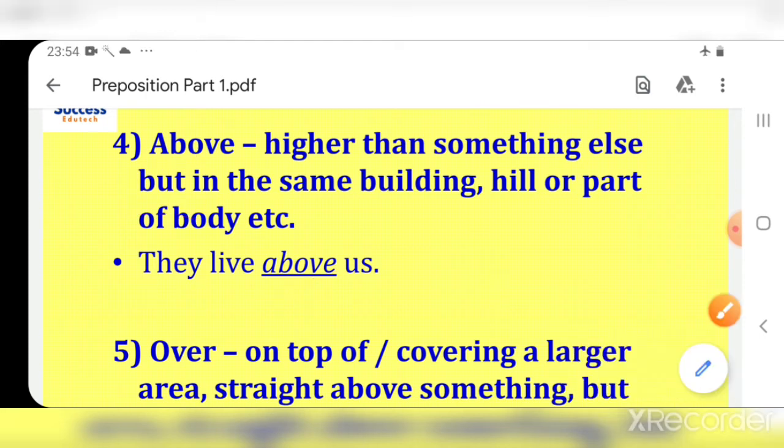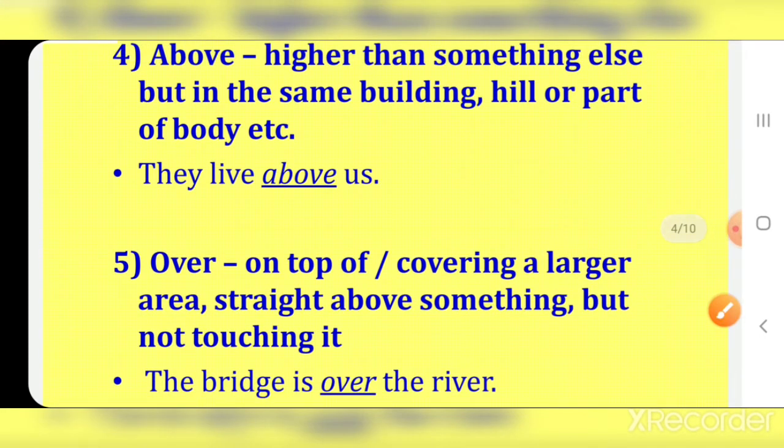Now, the next one is over. Here, on top of or covering a larger area, straight above something but not touching it. We use on when it touches it, when an object touches another surface. But here we use over.